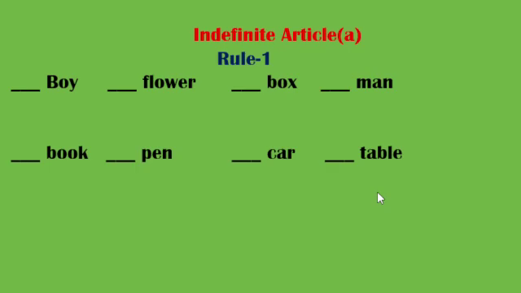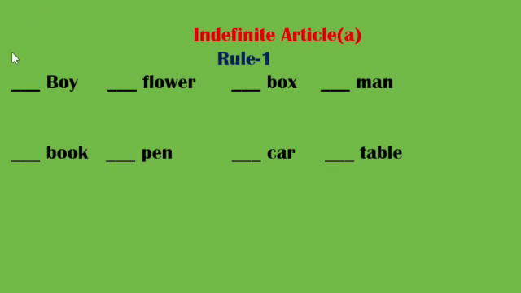B is a consonant sound. F is a consonant sound. B is a consonant sound. M is a consonant sound. B is a consonant sound. P is a consonant sound. Car, C is a consonant sound. T is a consonant sound. As the words begin with consonant sounds, we have to use indefinite article a.